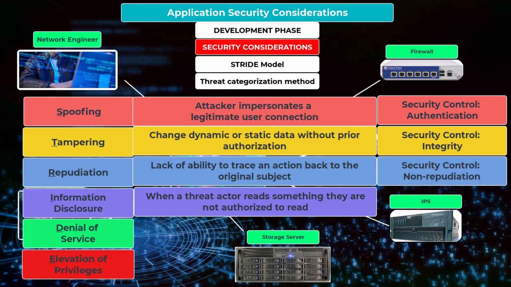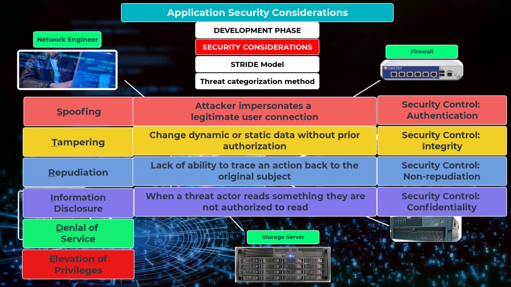Instead of just saying confidentiality is when somebody reads something they can't, think about it this way: when a threat actor reads something they are not authorized to while the data is at rest or in motion. Brute forcing the password to a file or performing a man-in-the-middle attack are some examples of information disclosure. The security control is obviously having confidentiality.